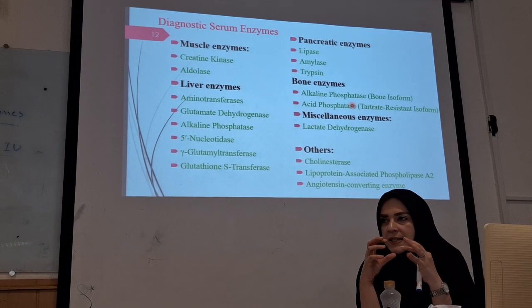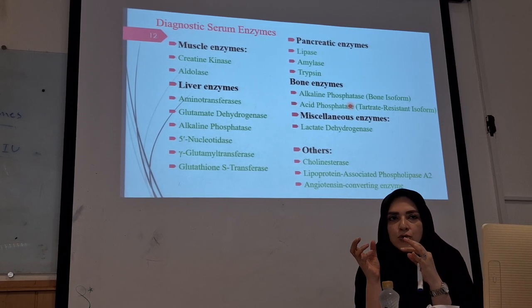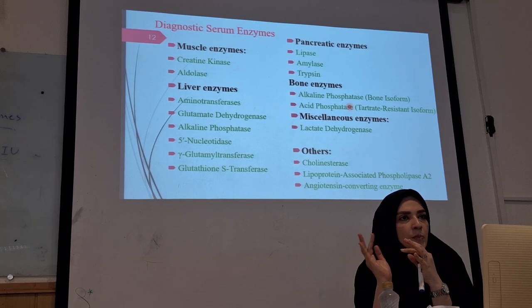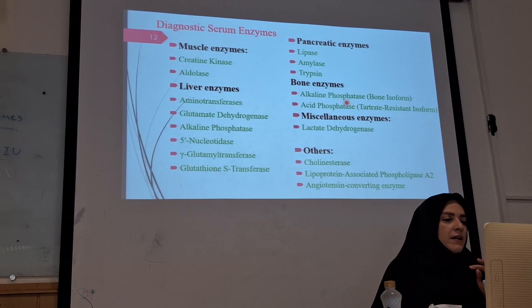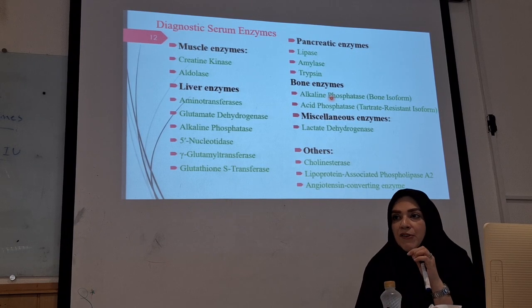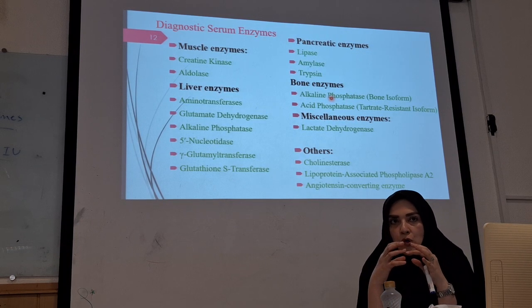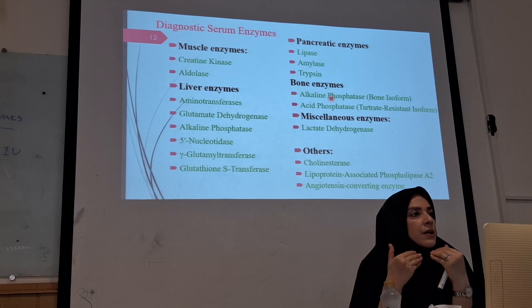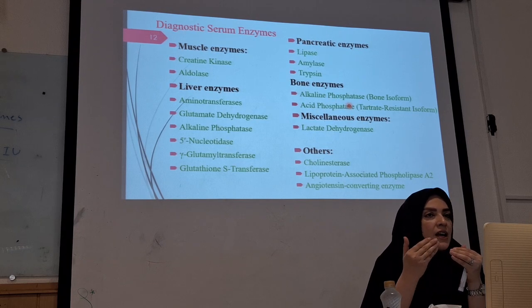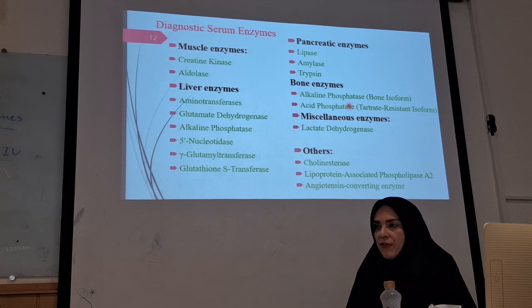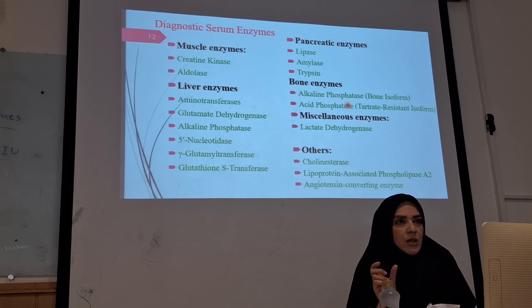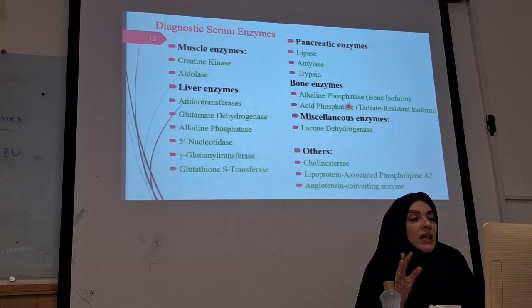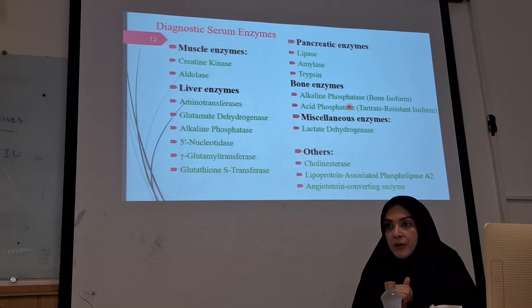Alkaline phosphatase can actually be found in the liver, and also in bone, and also in the placenta, okay? For example, because as I mentioned, this enzyme can be found in the osteoblast. So in normally growing children, if you measure the activity of the enzyme, it is normally higher than the normal range. So it is not related to any pathological or bone disorder.